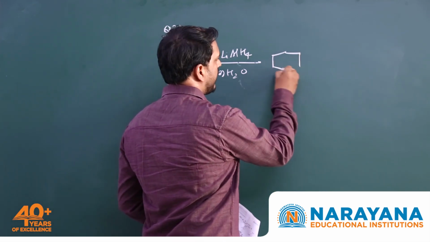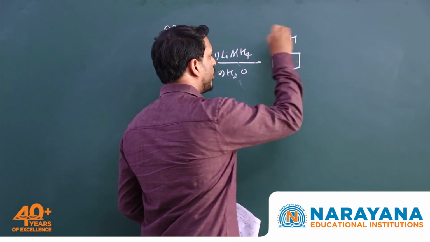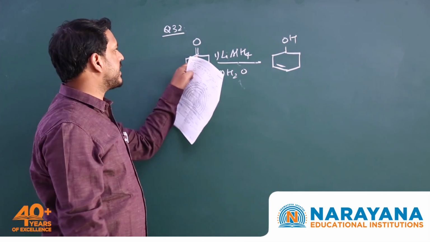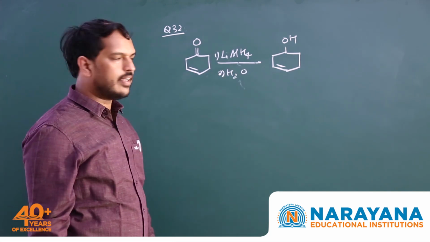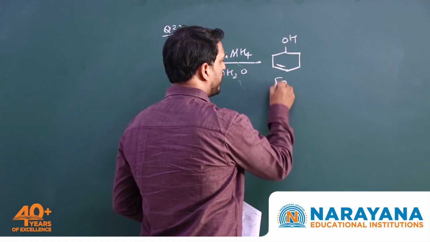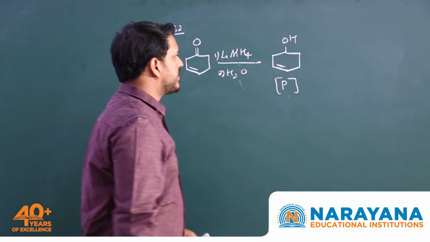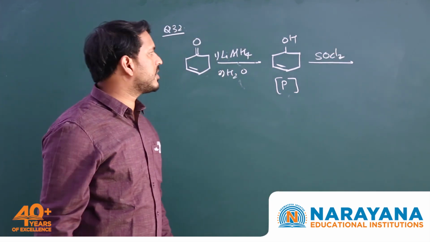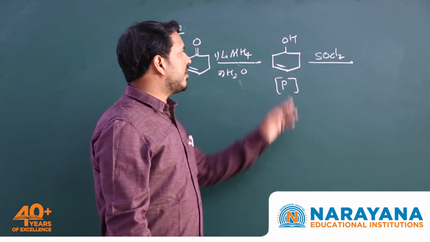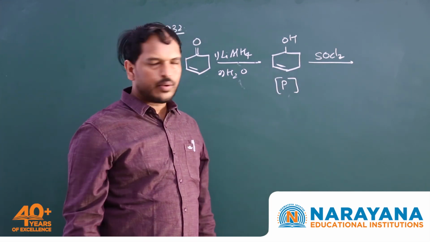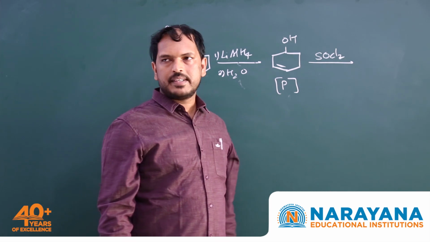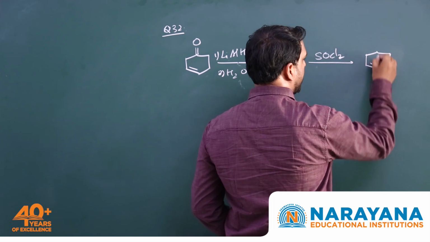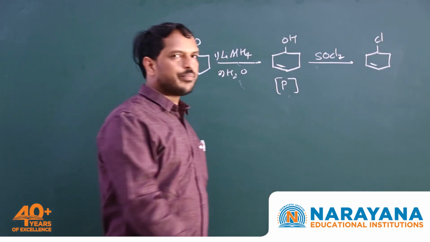So we will get the product with OH. Lithium aluminum hydride here is reducing the ketone to the alcohol. This is product P. Now this is further reacted with SOCl2. What is the function of SOCl2? To convert alcohols into alkyl chlorides, we use either PCl3, PCl5 or SOCl2. So when we use SOCl2, this alcohol is converted to the chloro derivative.